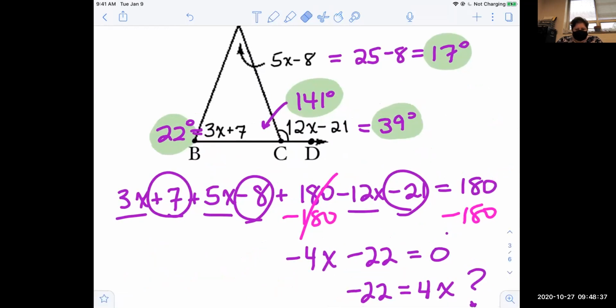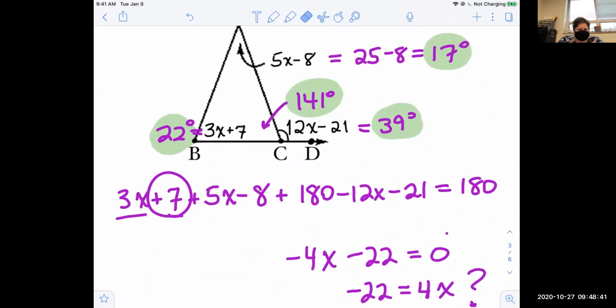Let me go back to what it looked like back here. What is wrong with this equation? So we have 3x plus 7, we have 5x minus 8, and then we have 180 minus 12x minus 21. What's wrong with that equation? Katie, you're the one who said it, so did you figure out what's wrong with that?